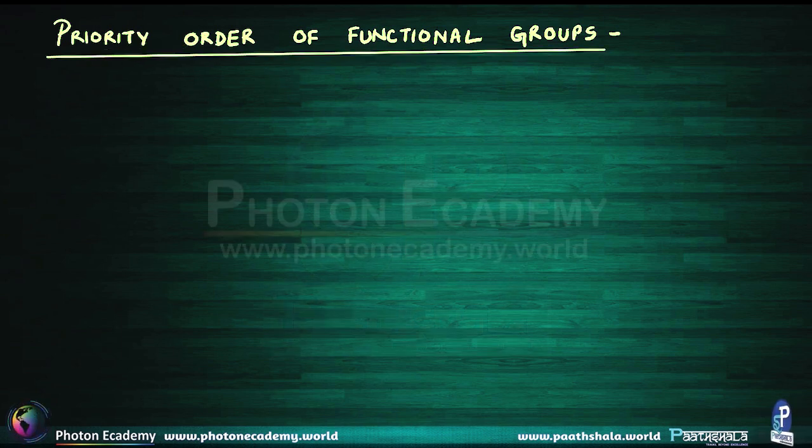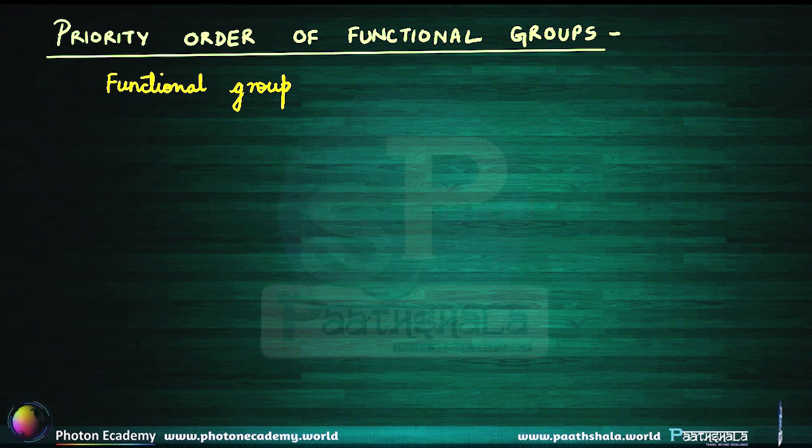Now we are concerned with the IUPAC naming. We'll be looking at its prefix, what word we'll be using when it is used as a prefix, and we'll be looking at the suffix. So these things will be concerning us. So let us begin now.